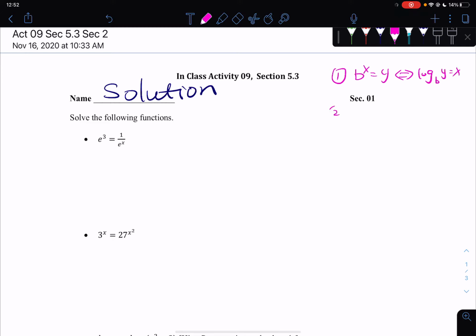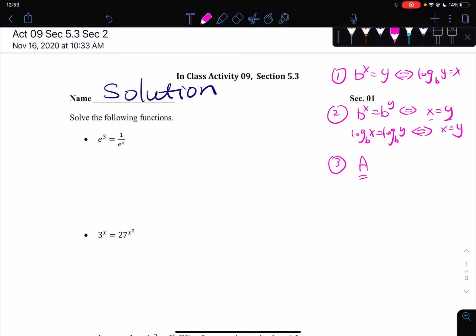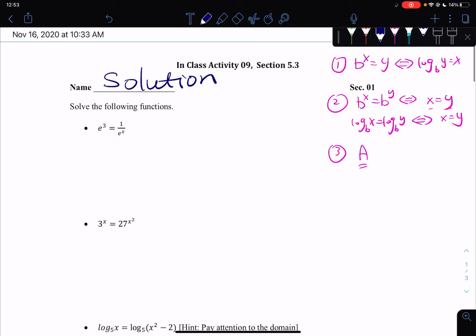The second idea is to change your exponential structure into the same base, or similarly change your log expression to be of the same base, and because they are one-to-one functions, you know the input must be the same. The last idea is to use the substitution method: you have some complicated structure and you can rename it as A, or whatever variable you like, to make the calculation easy. So let's go ahead and get started.